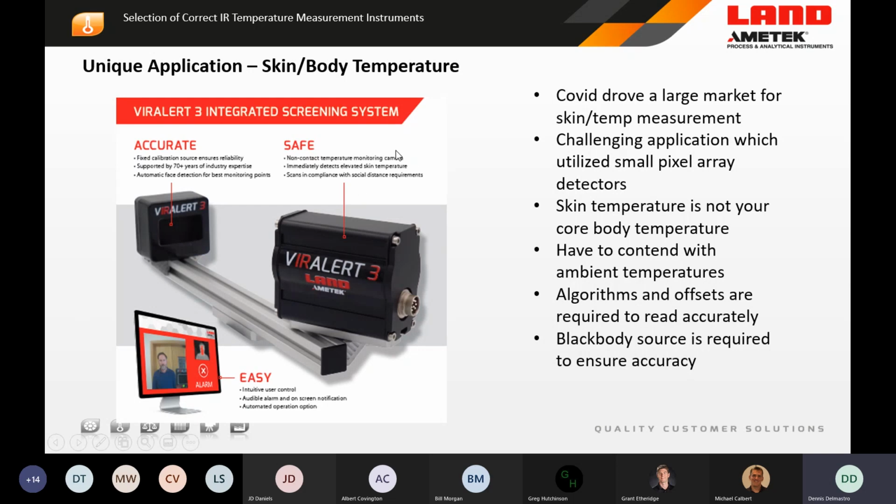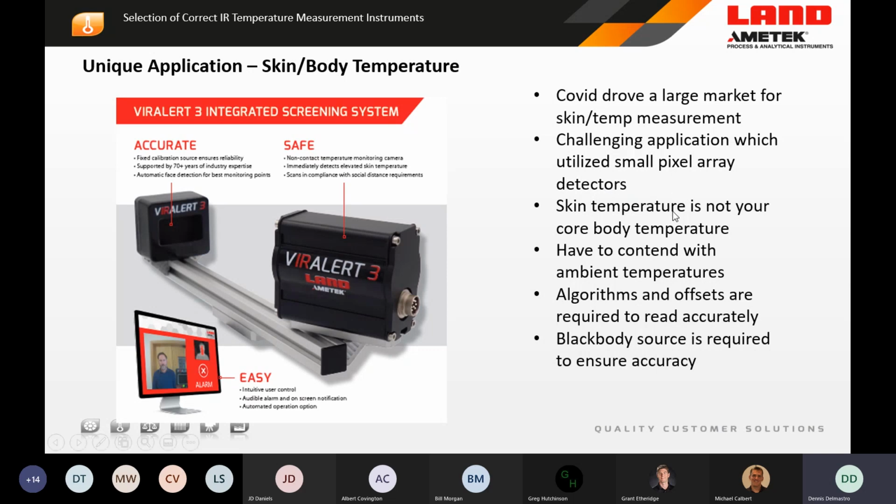Okay, the last unique application is skin and body temperature. We all love COVID. COVID drove a large market for skin temperature measurement. It's a very challenging application, to be honest, and we use a small pixel array detector in order to determine that temperature.